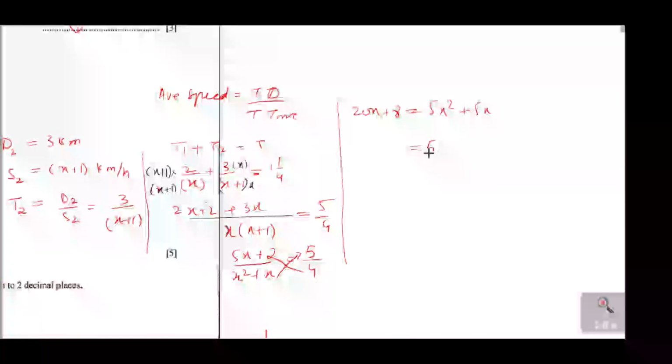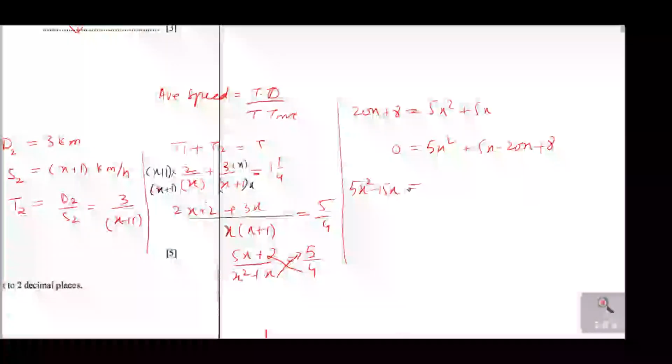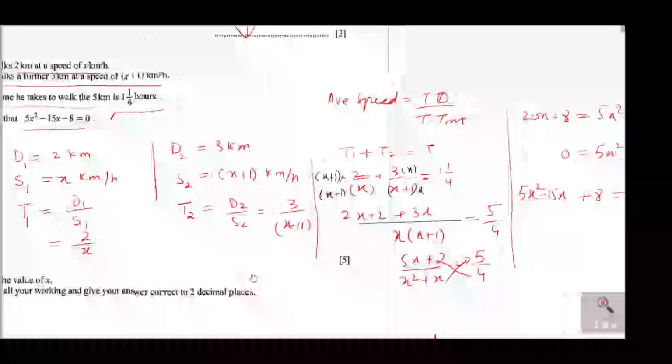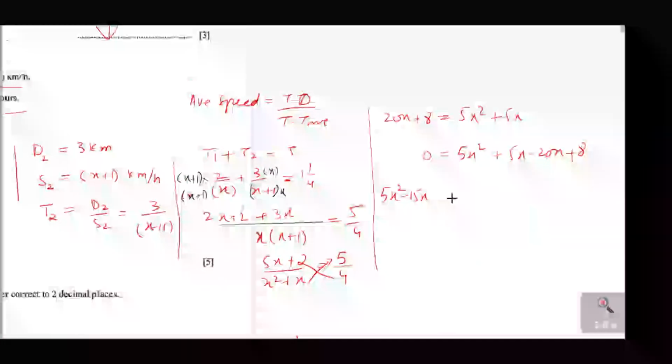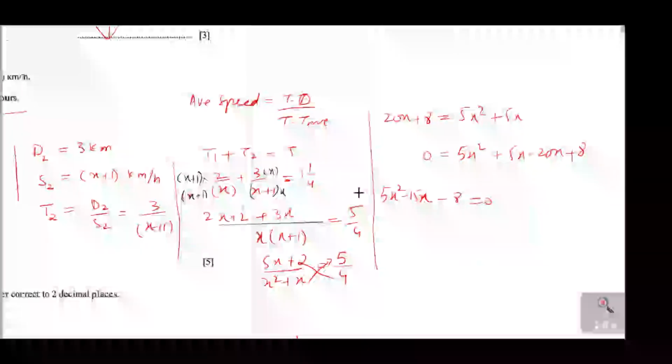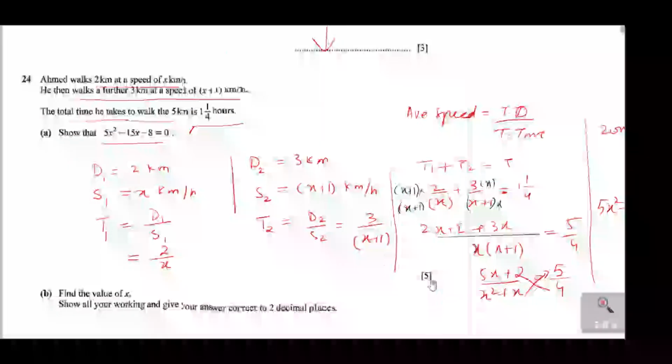And this becomes 5x squared plus 5x minus 20x plus 8 equal to 0. This becomes 5x squared minus 15x plus 8 equal to 0. Look here, plus 8 equal to 0, and we have to prove this equation, hence it is proved.